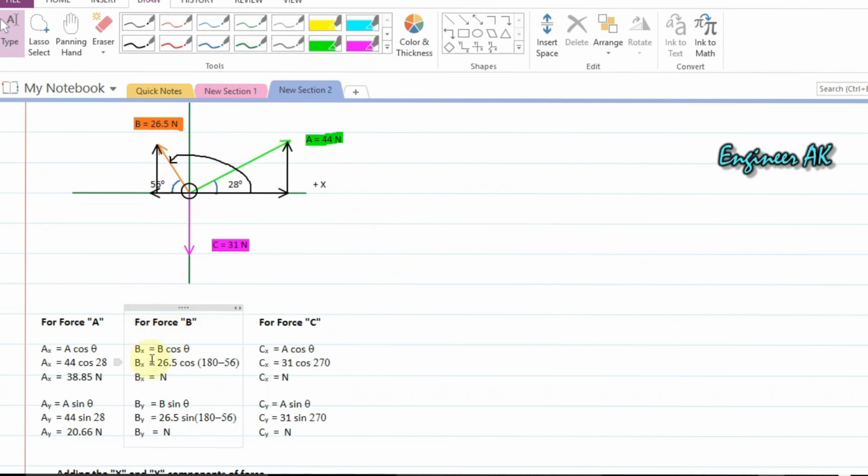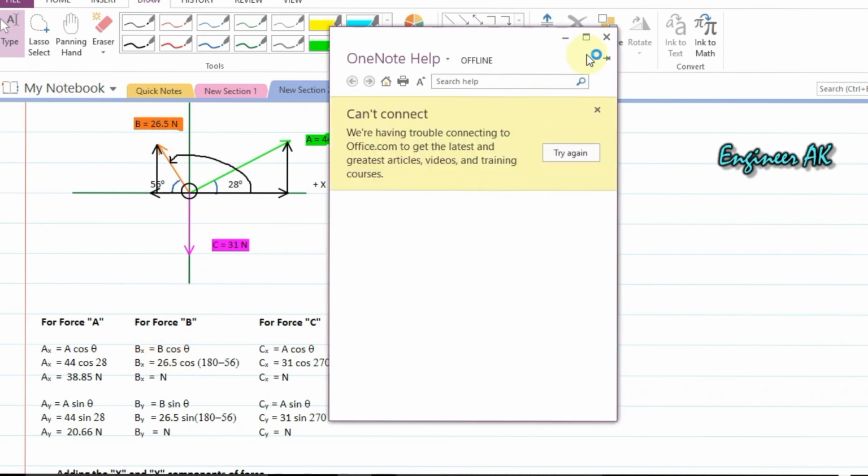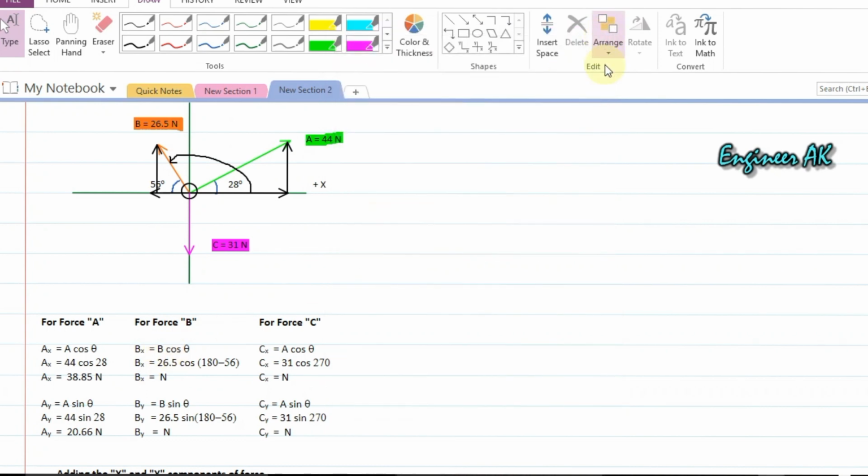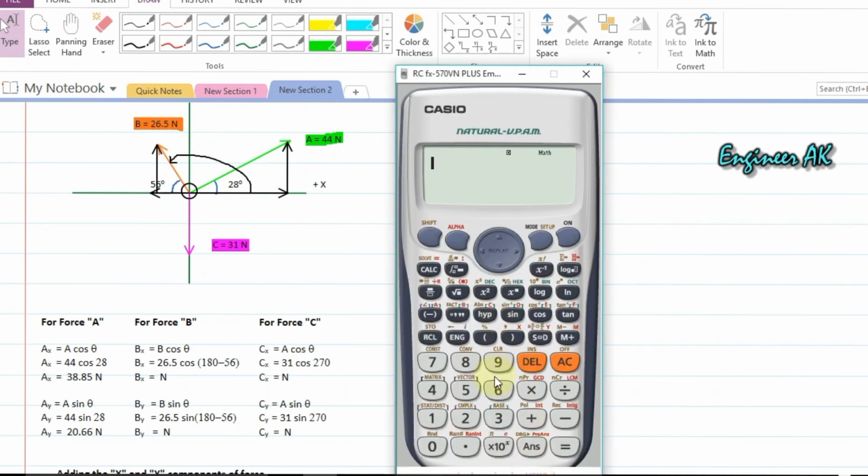To find the x component of the B force, B cos theta, B is 26.5 and cos of 180 minus 56 degrees. As I told you, I am taking the angle that B makes with the positive x-axis. Let me plug in the values.